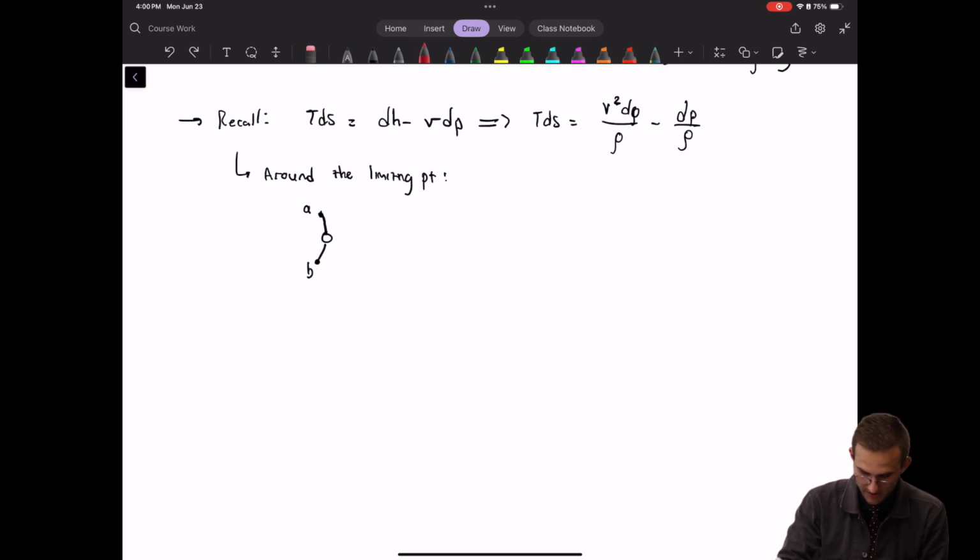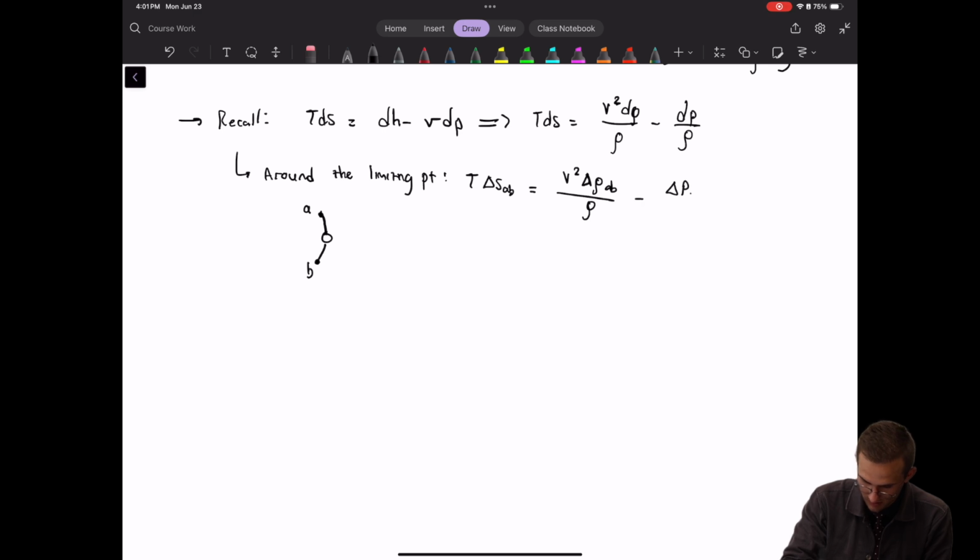We know that we can write out this equation where it would be T times delta S AB is equal to V squared times delta rho AB over rho minus delta P AB over rho.